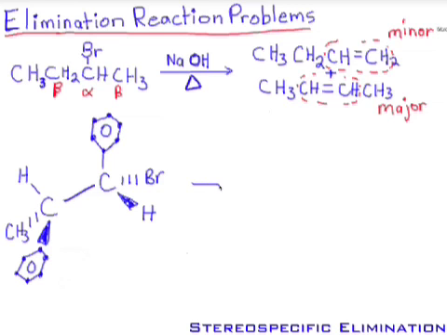Now we might hit this with a powerful base, such as sodium. Maybe this time we'll use ethoxide. What solvent would you use for sodium ethoxide? If sodium ethoxide was dissolved in water, the base would deprotonate water, make hydroxide, and hydroxide would be the base.